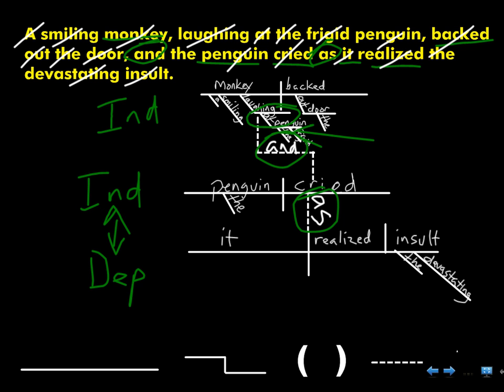It also provides the opportunity for, if I needed it, a direct object or an indirect object, something else, because the phrase could actually take a direct object. If I said, not just laughing at the frigid penguin, but a smiling monkey kicking the ball, right? The ball is now a direct object. I need that horizontal line to diagram it.